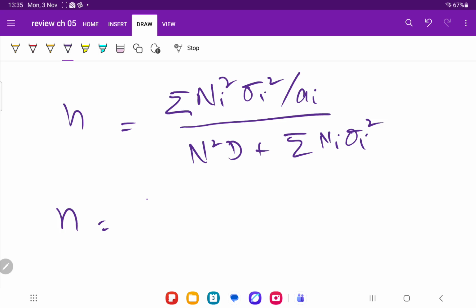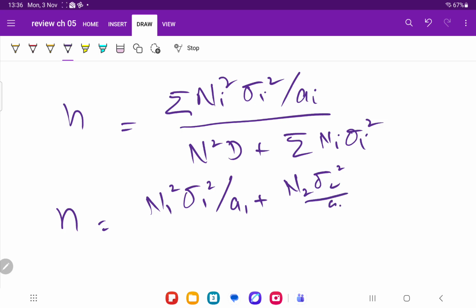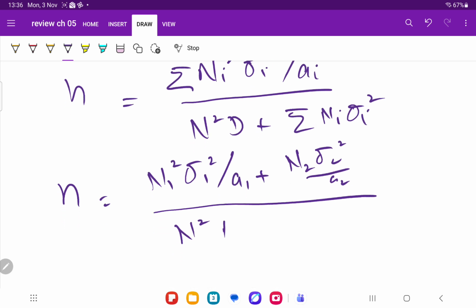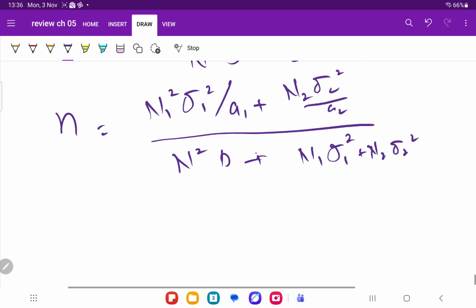We will open the formula: N1 square sigma 1 square over a1 plus N2 square sigma 2 square over a2, divided by N square d plus N1 sigma 1 square plus N2 sigma 2 square. Now we will put all the values.